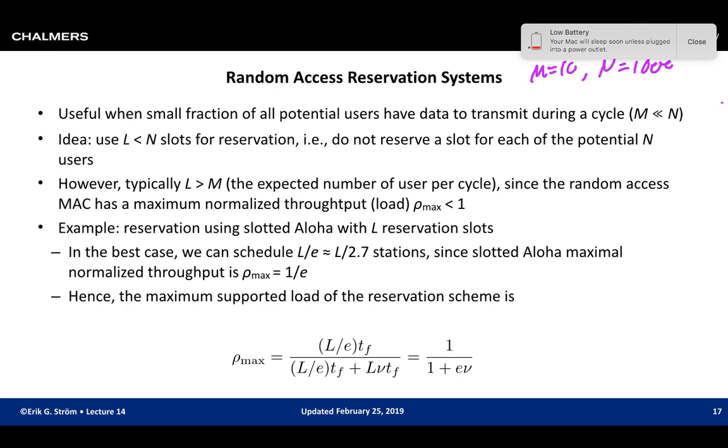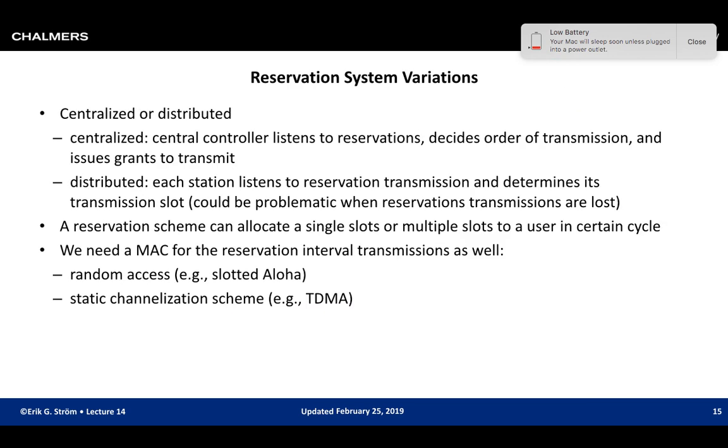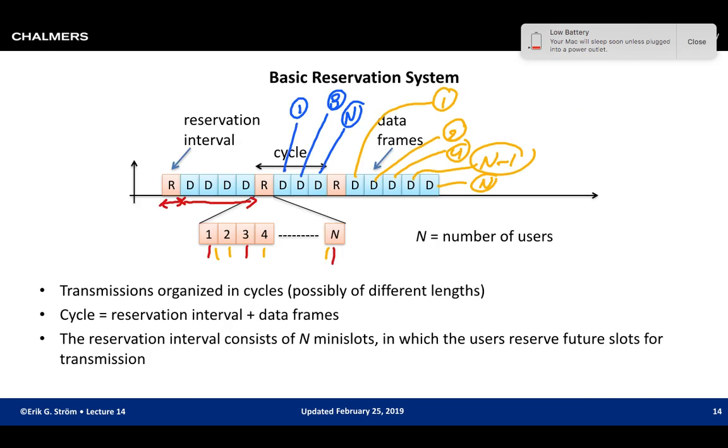Okay, so what we do then, the main idea, is that we use L mini slots rather than N mini slots. So going back here, we need capital N slots, where capital N is the number of users. But if only a few of these users will ever indicate their willingness to transmit something, how about if we reserve fewer than capital N slots here? Let's reserve L slots, meaning that it's not possible for everyone to make a reservation.